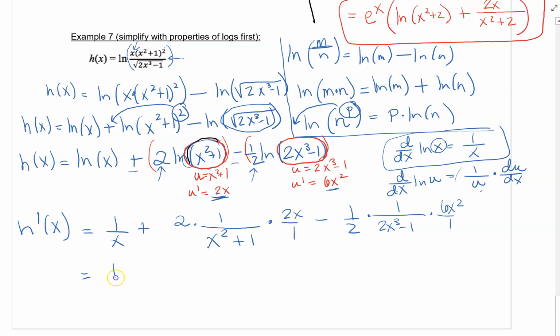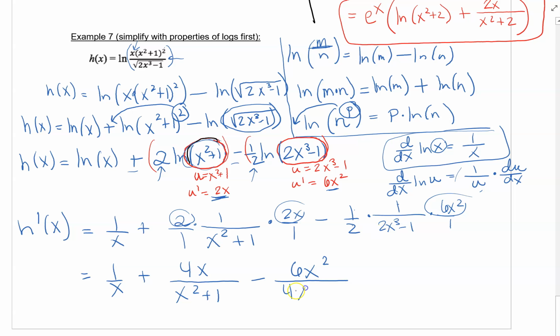Now I'll simplify a little bit. So I can multiply this 2 and that 2x in the numerator. So that's 4x all over x squared plus 1. Here I can multiply the 1 and the 1 and the 6x squared. And then 2 times 2x cubed minus 1, which would be 4x cubed minus 2. Oh, you know what? I could have reduced a little bit there.